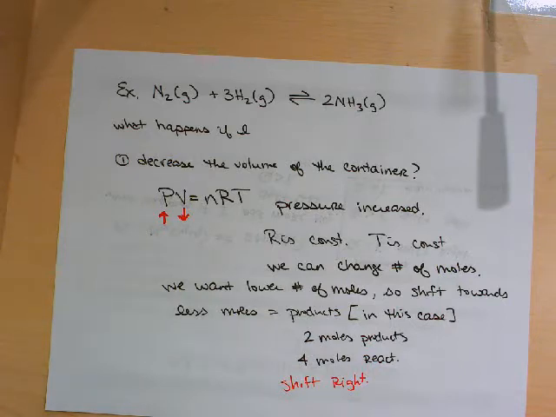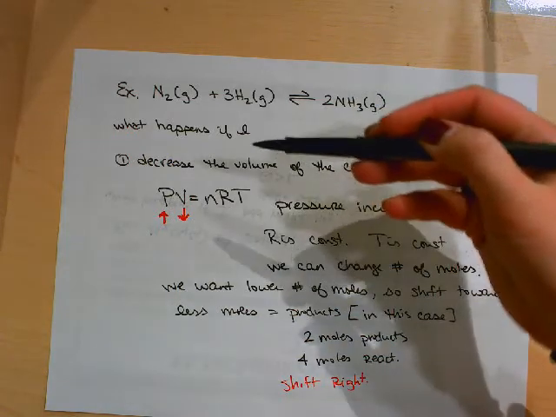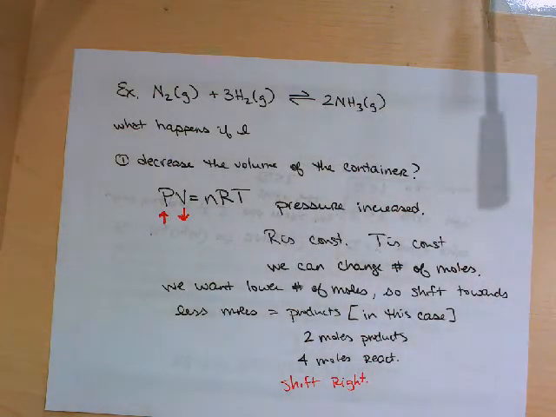It can change back. Once you change the pressure, it will find a way to go back. Even if that means going back to reactants, it will choose that to compensate for the pressure change.